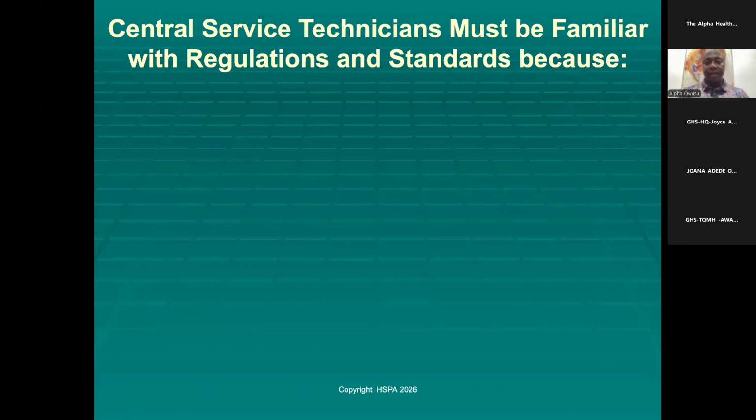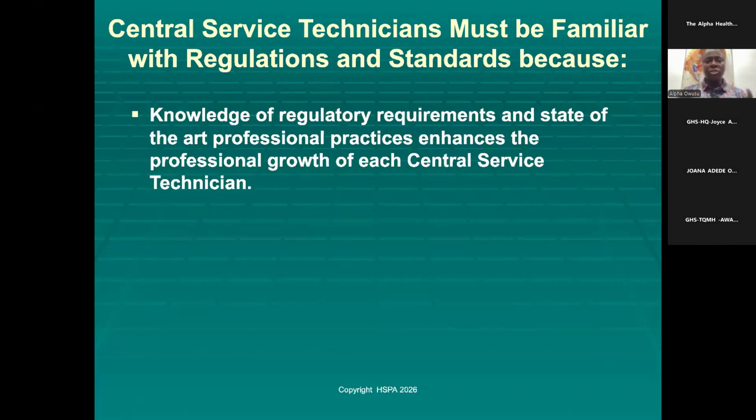Again, knowledge of regulatory requirements and state-of-the-art professional practice. If the sterile processing technician knows that, hey, I have standards that I have to go through, right? Before I start work, I have to test my machines to know the efficacy of the machine, how the machine is going to work.